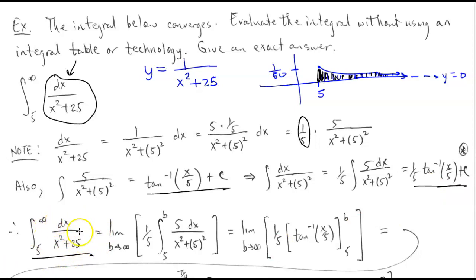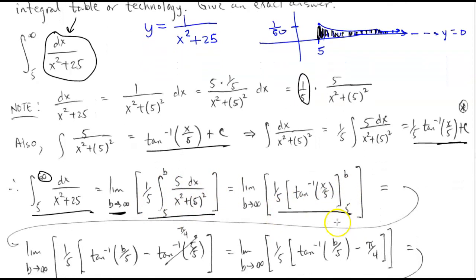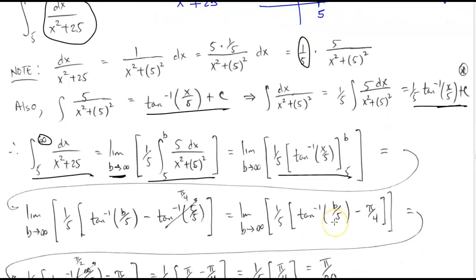To evaluate this improper integral, we need to take the limit as the upper limit goes to infinity, and we just replace infinity with a b there. Here we evaluate this definite integral, and we already know what it looks like. It's going to be 1/5 arctan of 1/5 x evaluated from 5 to b.